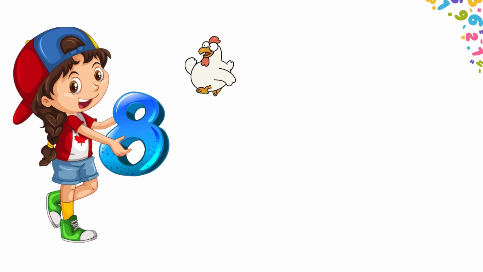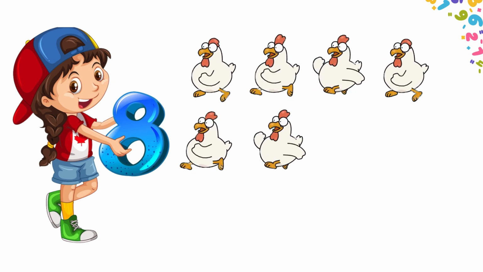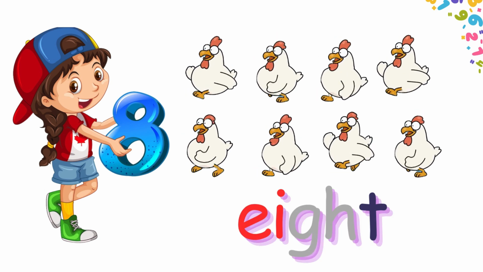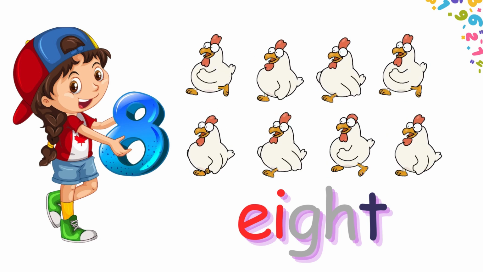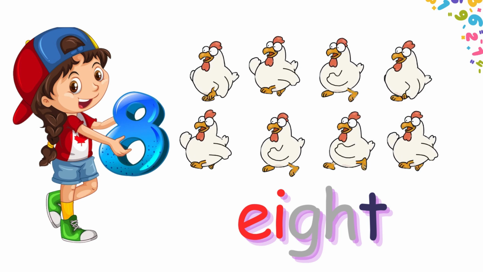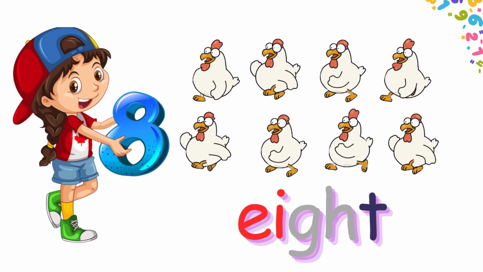Number 8. 1, 2, 3, 4, 5, 6, 7, 8. Let's read the word. This word has a silent blend in it. GH is a silent blend. Now how do we read this word?